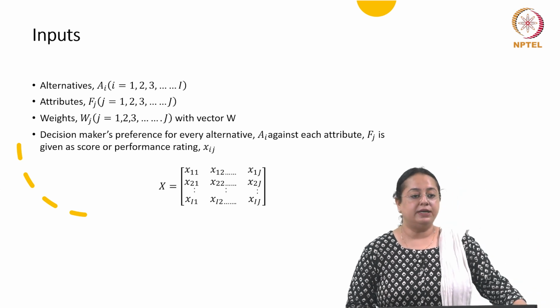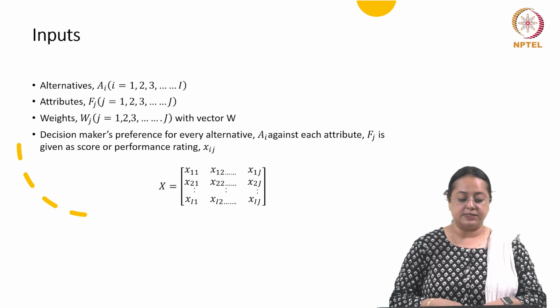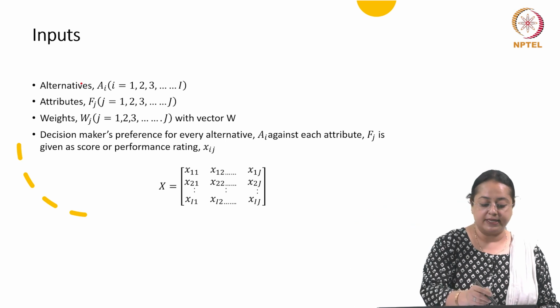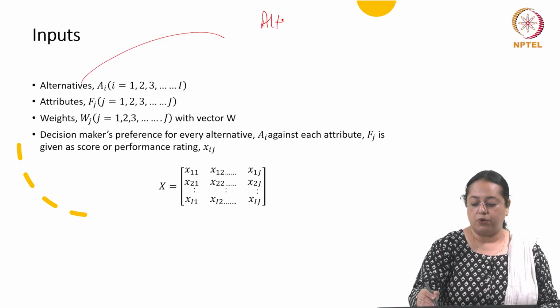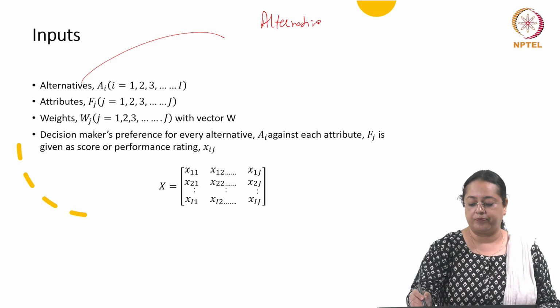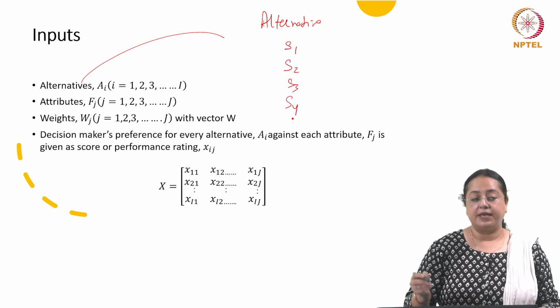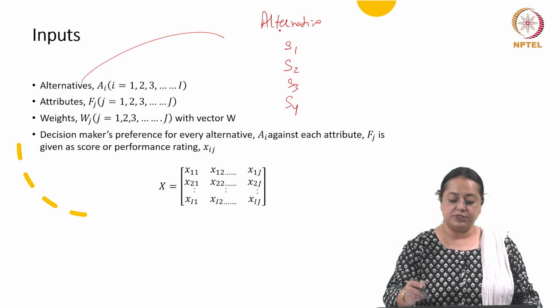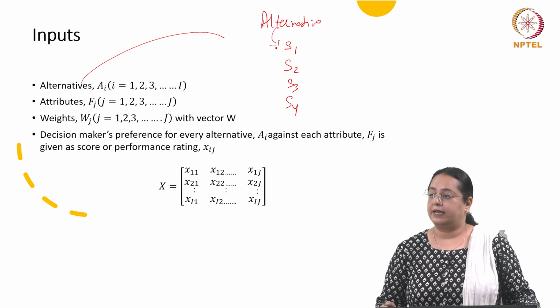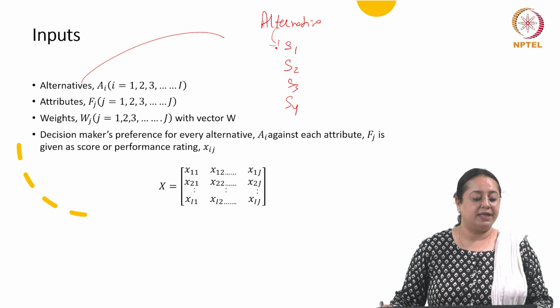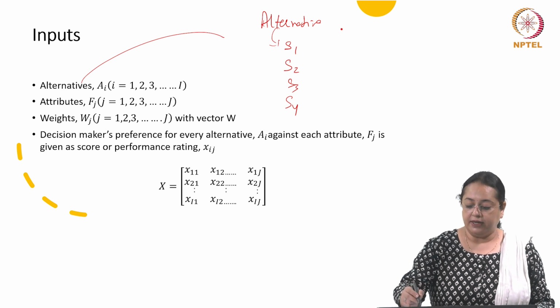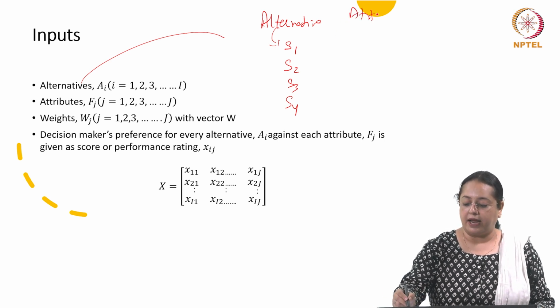So what are the inputs required? Obviously we need alternatives, and in our context alternatives can be suppliers. So what are the alternatives? S1, S2, S3, S4 can be the suppliers. These are the alternatives one can choose from or rank. At the same time, we have attributes.